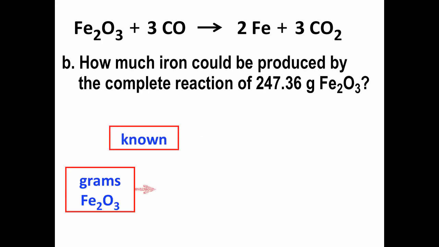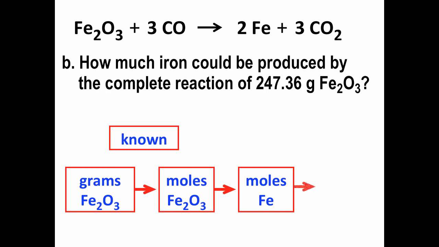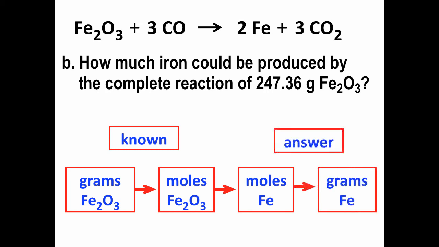Okay, now note what we did in this problem is going to be the same as we do in general. We have a known amount of some substance. In this case, it was Fe2O3, and we could know it in grams or in moles. We want to get to a known amount or an equivalent amount of a different substance, which we could know in moles or grams, and we have to go through the equation when we convert from moles of one thing to moles of another.